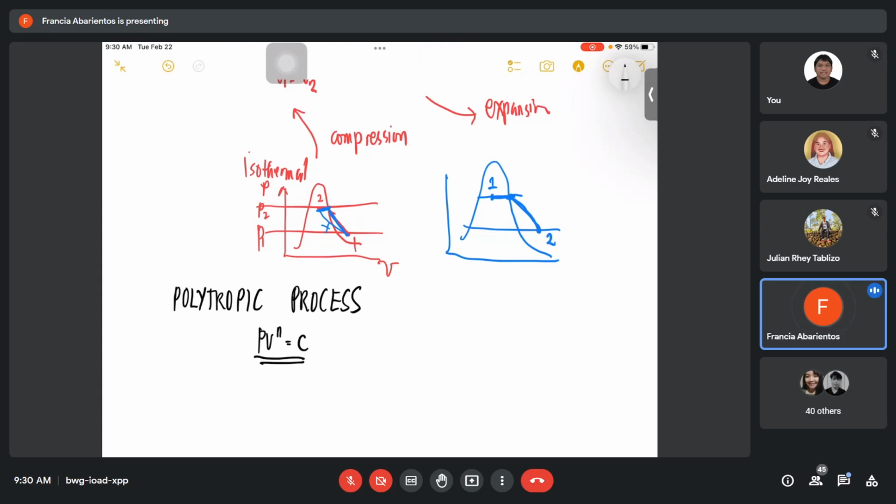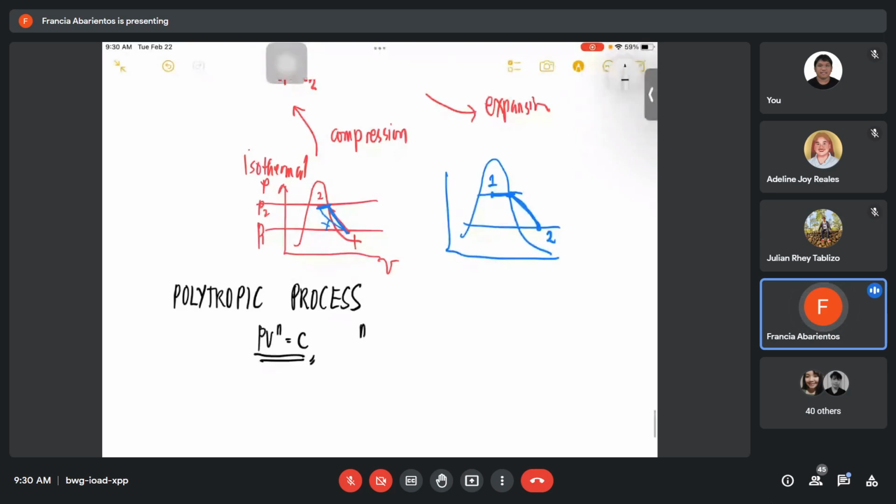This was derived on the ideal gas law, where N is equal to 1, 2, 3, and so forth. Given dito yung equation mismo, given palagi yung N mo, makukuha mo yan sa problem.